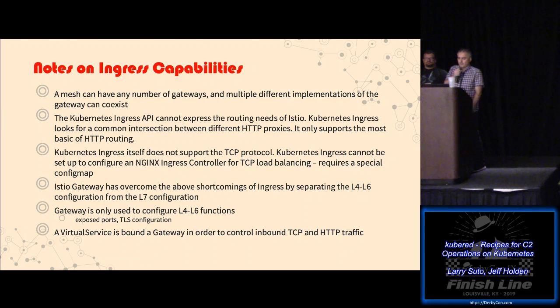Okay, so some notes on ingress capabilities. A mesh can have any number of gateways, and multiple different implementations of the gateway can coexist. The routing API expresses the routing needs of Istio, and the Kubernetes ingress is focused on HTTP.